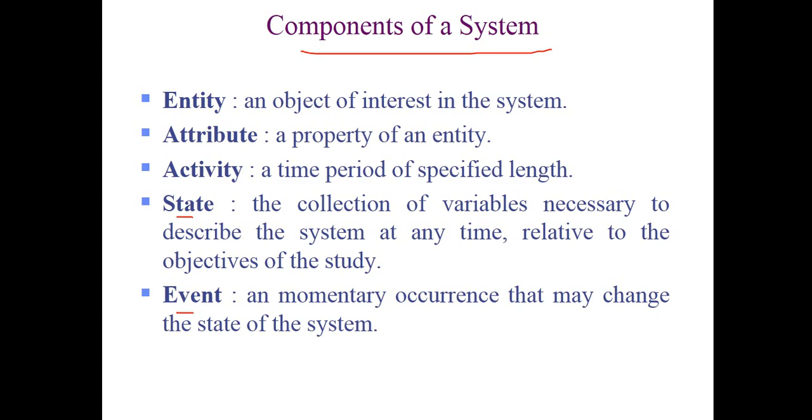Suppose we are considering a university as a system, then the entity should be the student, or the teachers or administrator. That means the system, which is the university, is actually situated or run for the purpose of students and teachers.